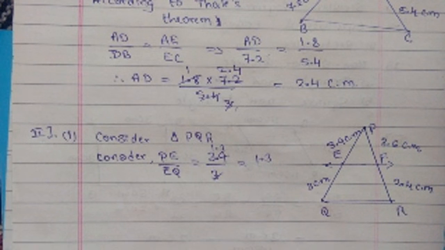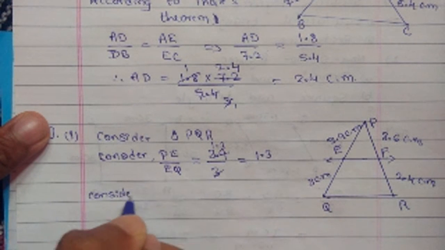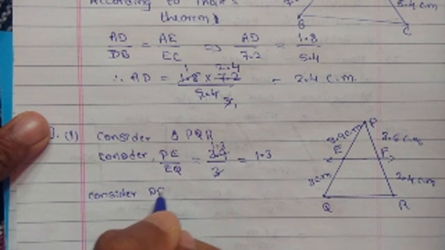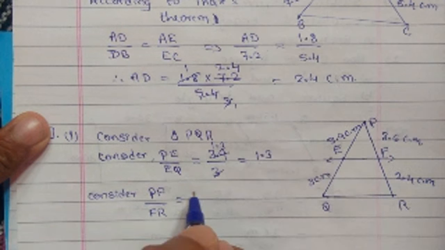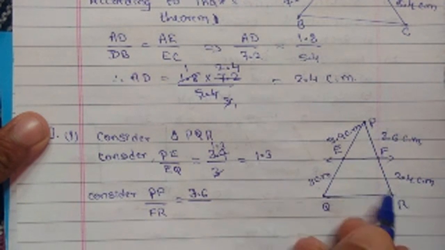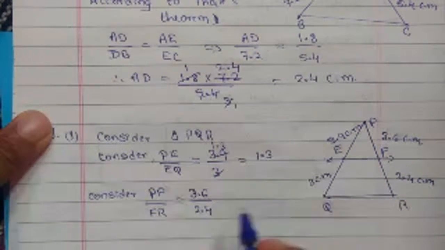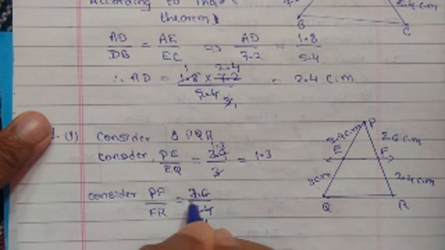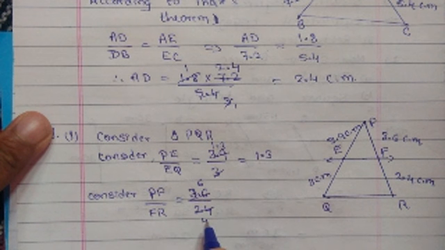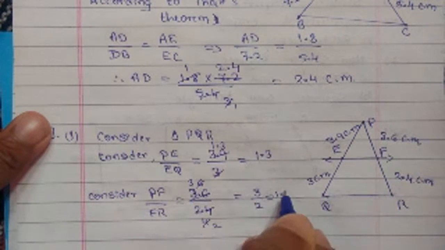Similarly we consider the next ratio, PF divided by FR. PF value is 3.6 centimeter and FR value is 2.4 centimeter. By cancelling, 6 4s are 24, 6 6s are 36. Decimal point we can neglect. Then 2 2s are 4, 2 3s are 6, so the ratio comes 3 by 2, which equals 1.5.